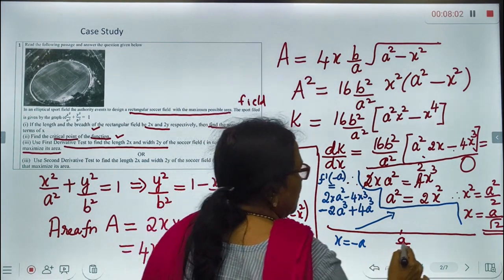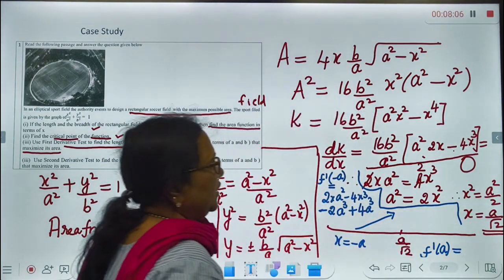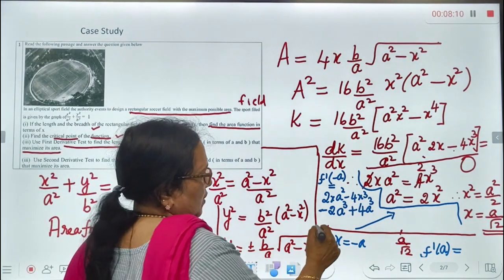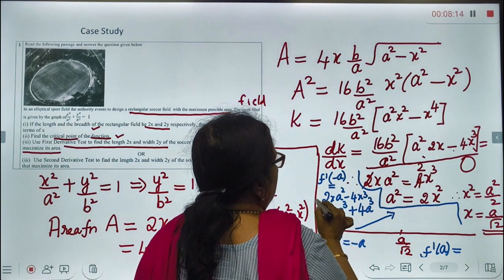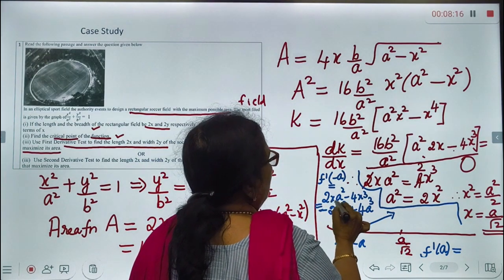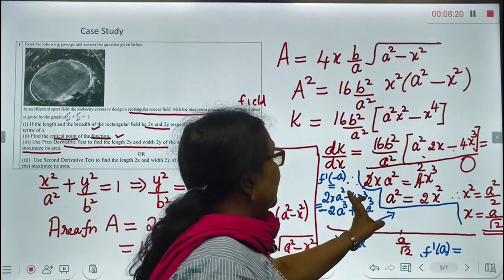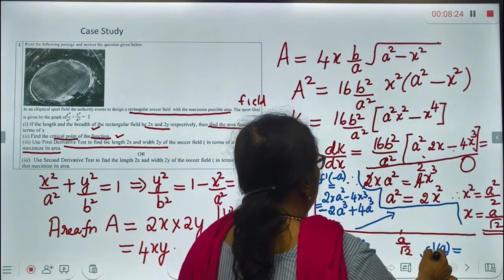Now beyond a by root 2, I can substitute a. What will be f dash of a? This is my first derivative, 2x a square minus 4x cube. In that, I have to substitute x equal to a.